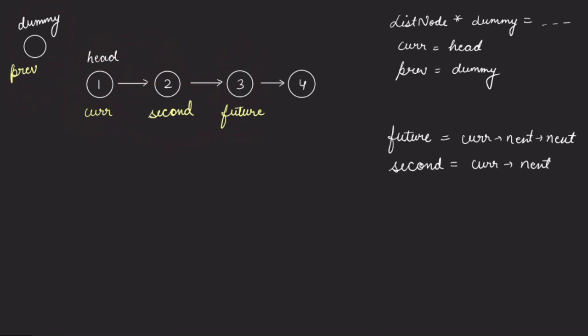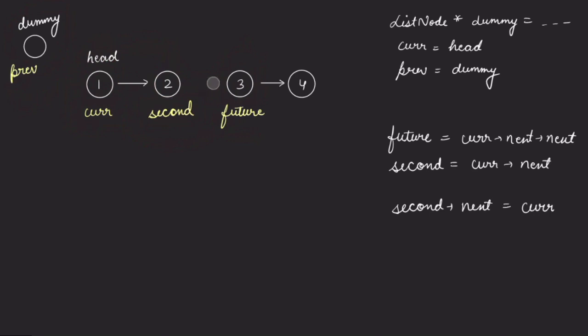Now here the main logic comes: how are you going to swap these pointings? What we wanted was to remove this pointing and point node 2 to node 1. So basically in second's next, we want node 1, which is nothing but the current node. So in second's next, we will put the current node.